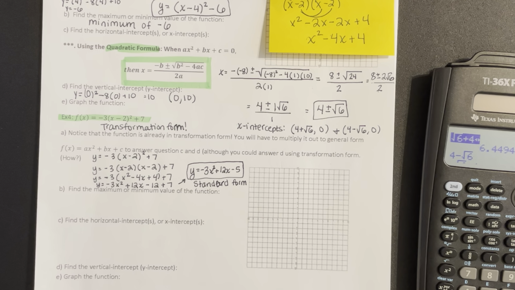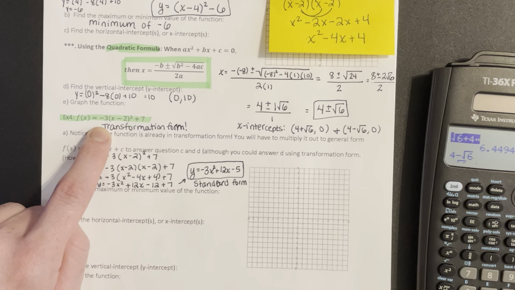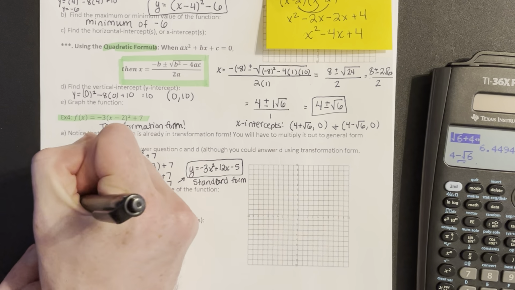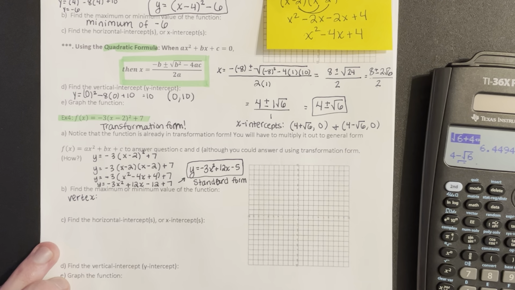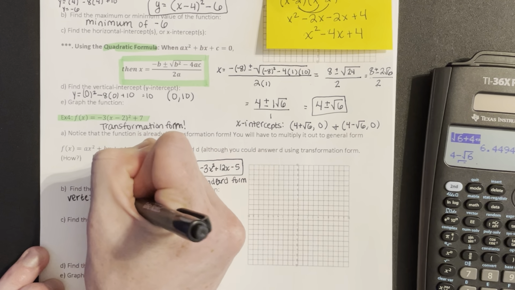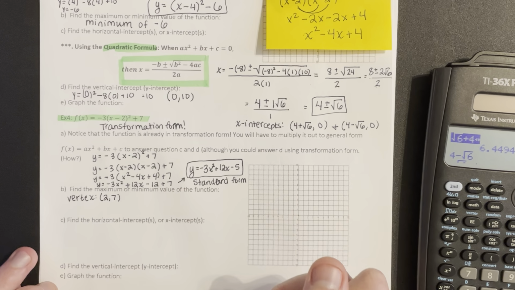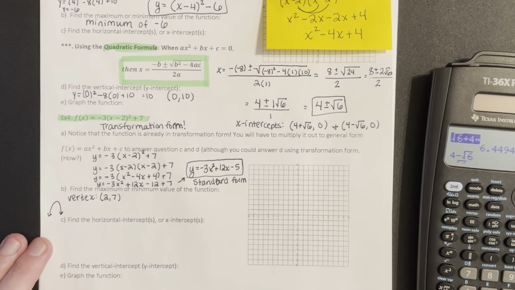B asks about find the maximum or minimum value of the function. We can do that in standard form by using negative b over 2a, but if it was already in transformation form, don't put more work on ourselves. Let's find our vertex. Our vertex moved right 2, up 7, so it becomes 2, 7. Our function flipped because a was negative 3.